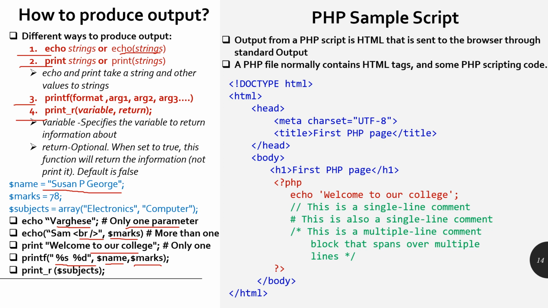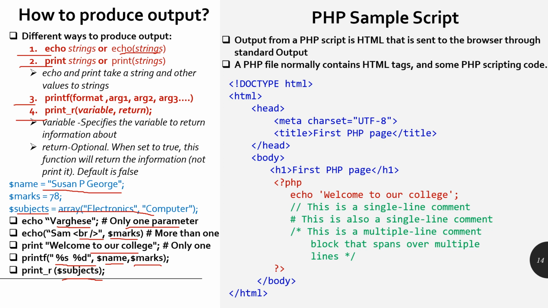Print_r is actually for displaying arrays. Here we have declared an array called subject, so that will display the array content. The next slide discussed how we get the output, and what statements we use for displaying, which we have seen with examples.